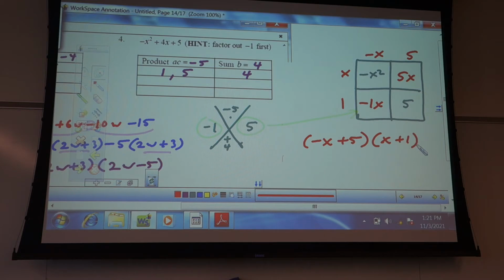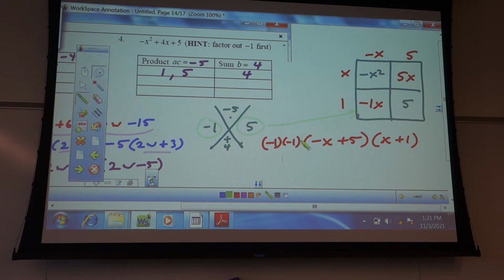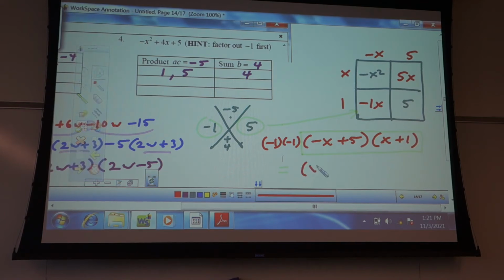Now, you might also have gotten, if I multiply this by negative 1 and distribute the negative 1 into each one of them, so here's one answer, right? This is equal to this answer here. It's the same exact thing as x minus 5 times negative x minus 1.